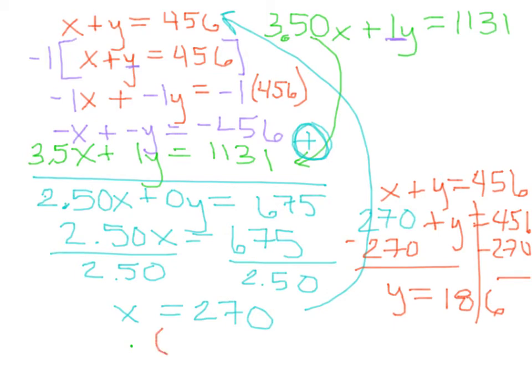So my ordered pair is 270: I sell 270 adult tickets and 186 children's tickets. And once again, if I add those up, I get 456, and I feel pretty comfortable with that answer because I didn't get a fraction, and I know I can't sell part of a ticket. So that takes care of number 8.